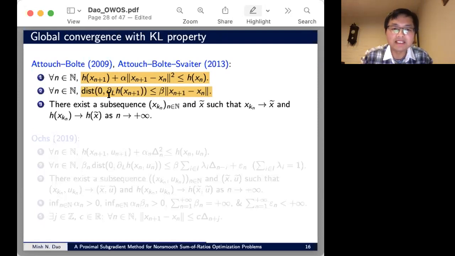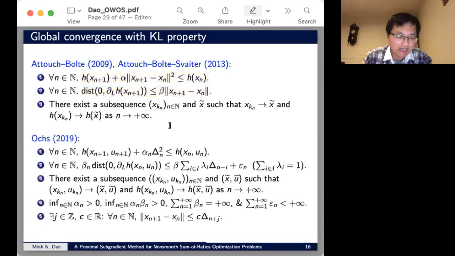So we have some estimates of the subgradient in h of xn. We can bound it by the distance between xn plus 1 and xn. And the third condition is normally satisfied in the usual algorithm.